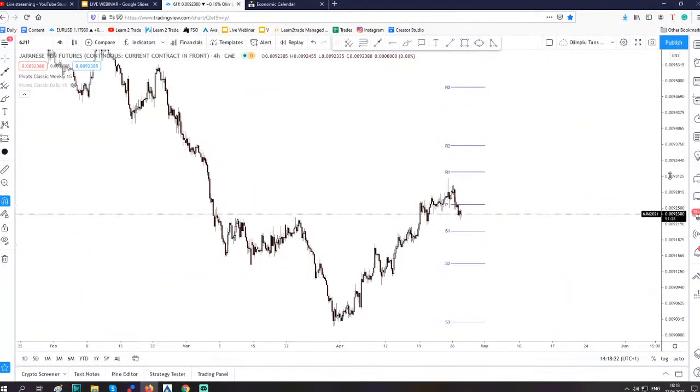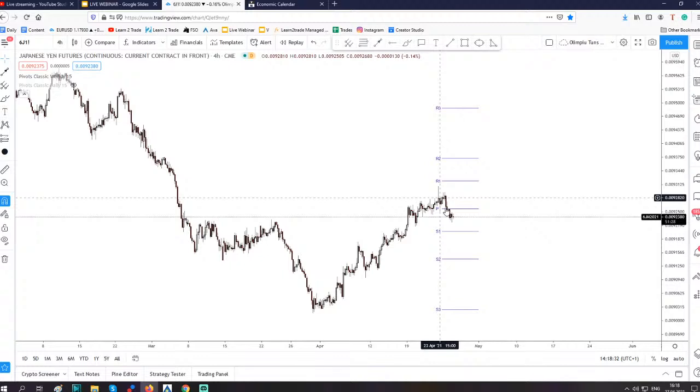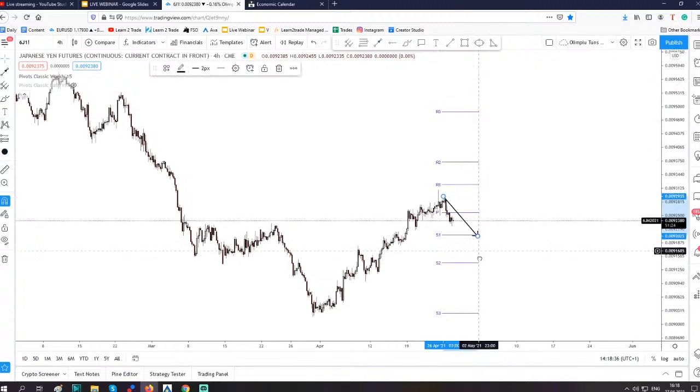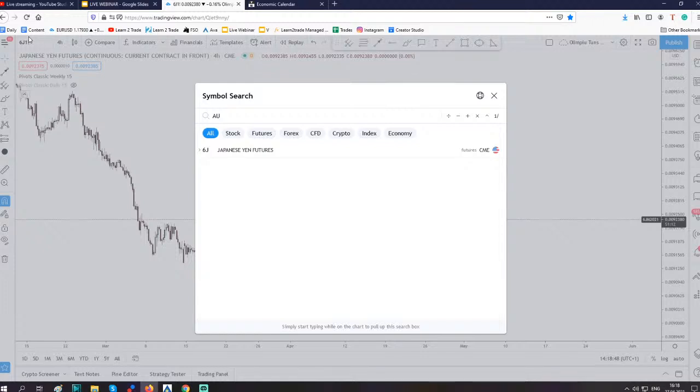So very important here, if the price will drop here, the price will drop further here on Japanese yen futures, then the yen could depreciate further. Okay, so let's go back to the GBP versus the Japanese yen.